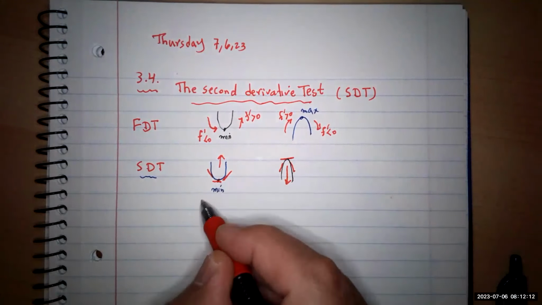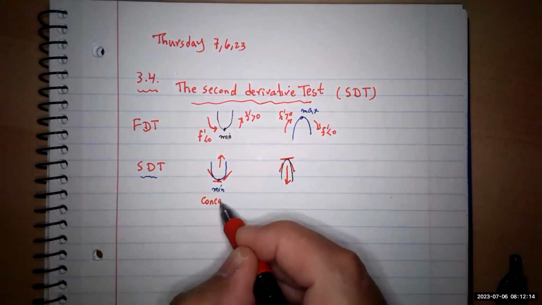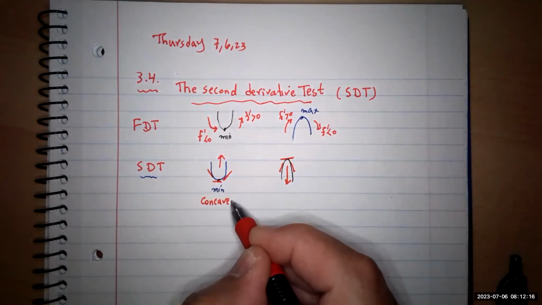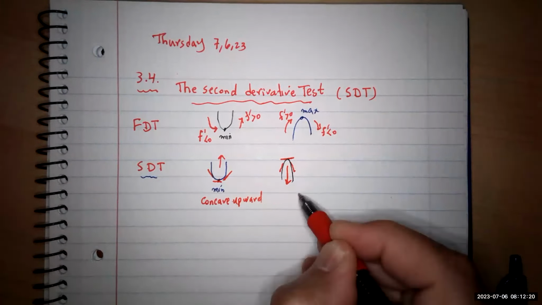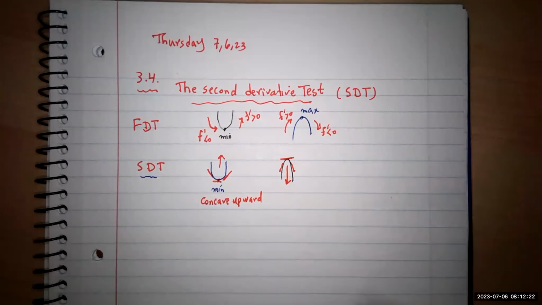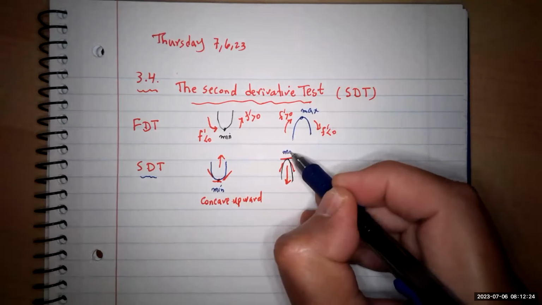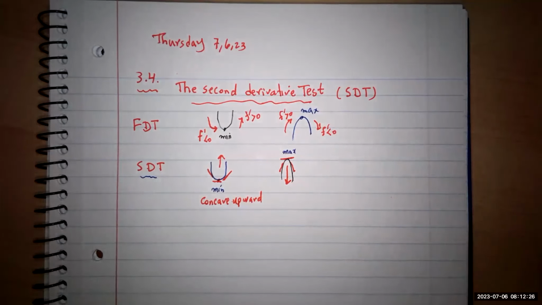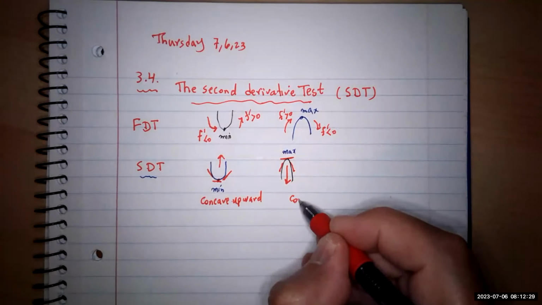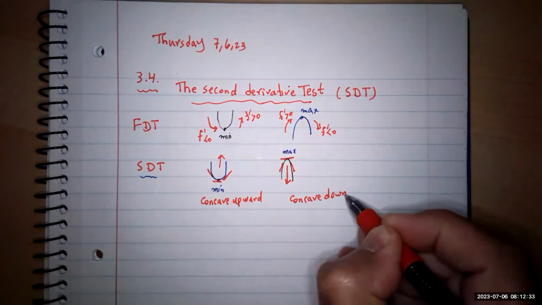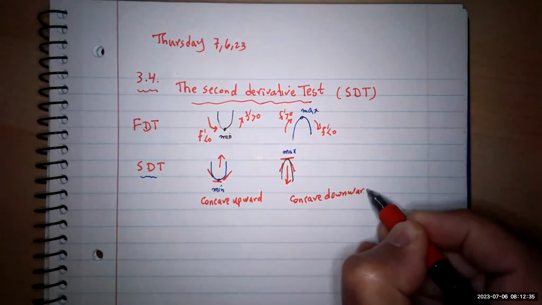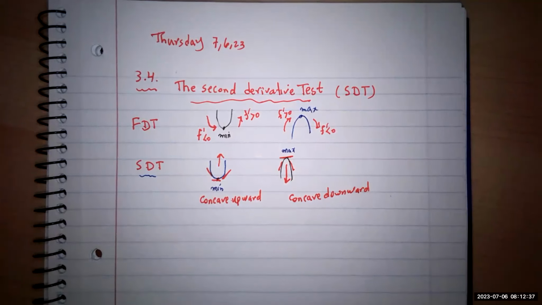So this one is going to be called concave downward, and this gives the maximum. We call these curving up and curving down.